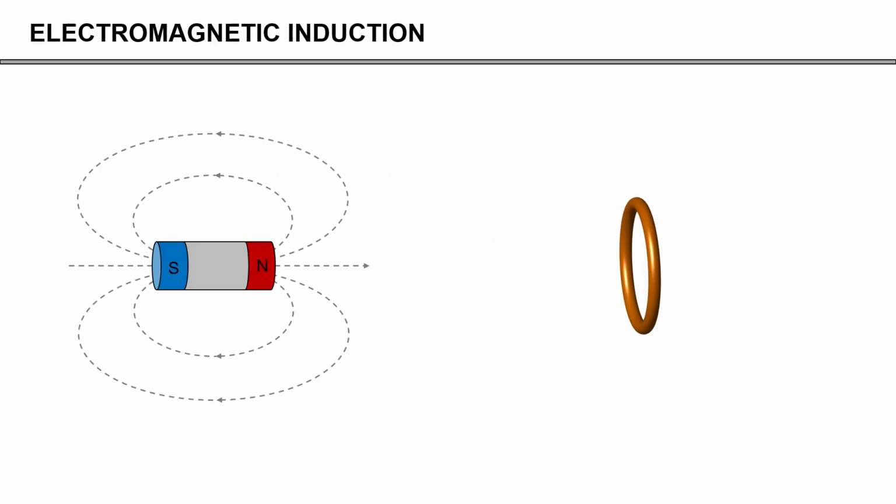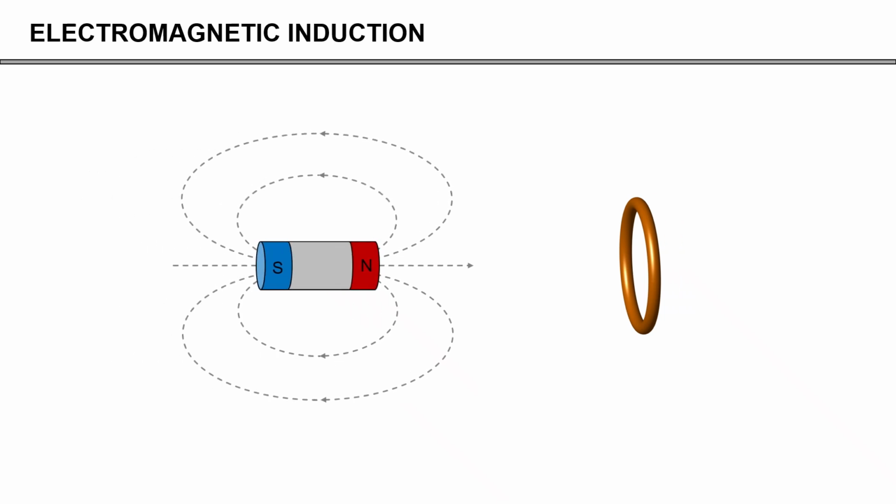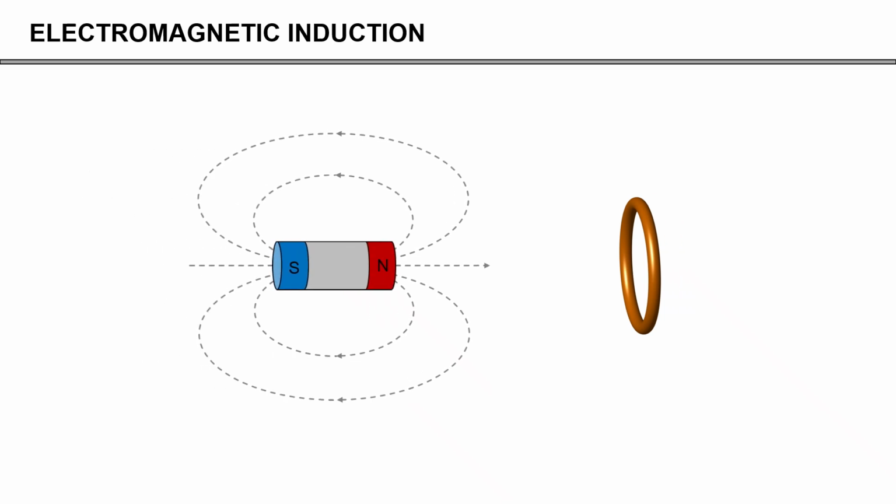Okay, now one more ingredient we need before we can start looking at some of the circuitry, and that is electromagnetic induction. Let's say we have a copper loop here, and there is a bar magnet. If we now move the bar magnet, the magnetic flux lines through this copper wire change, and that will induce a voltage and a current. Basically, the electrons start to flow.